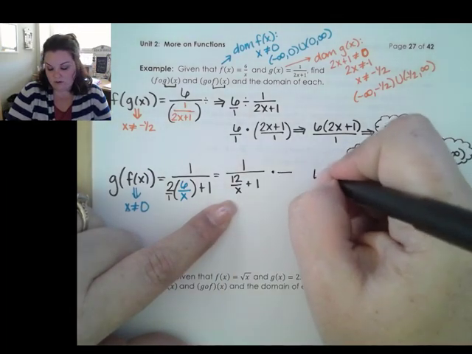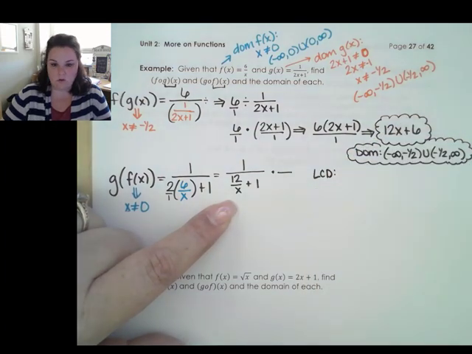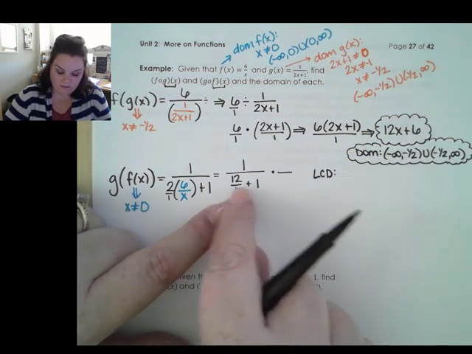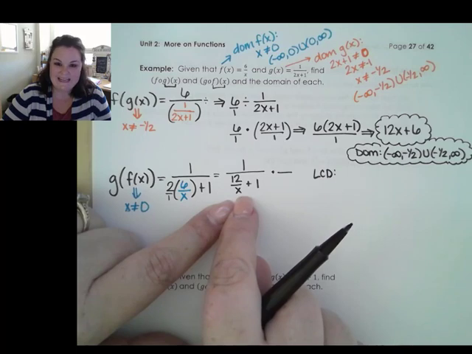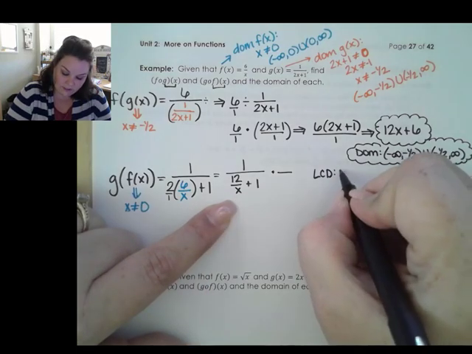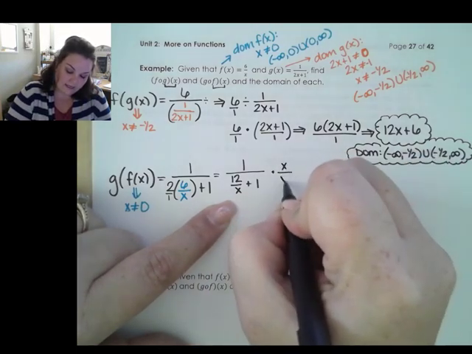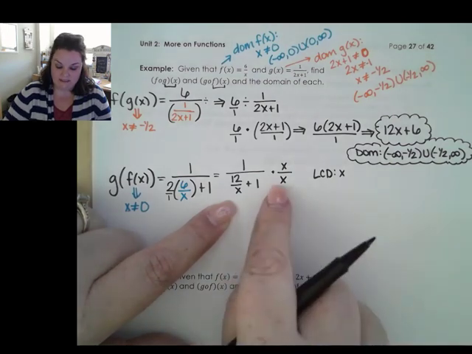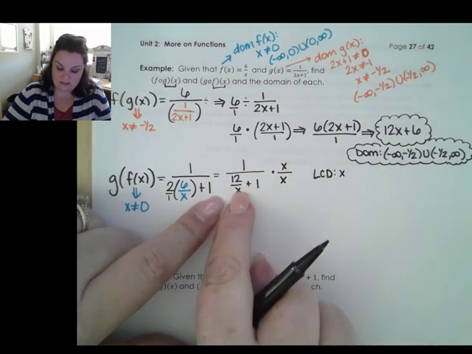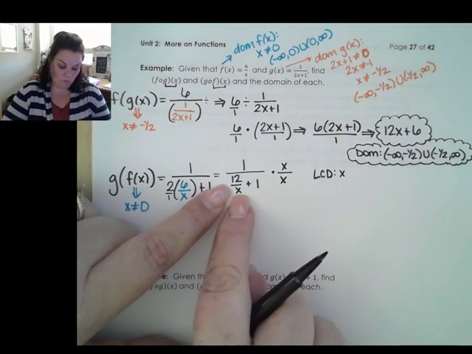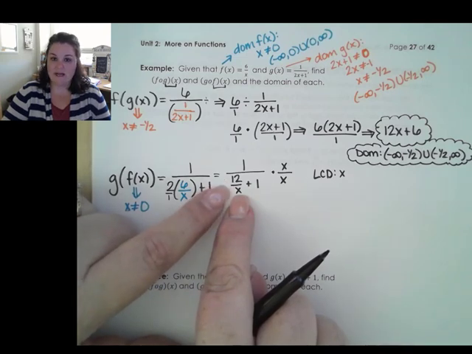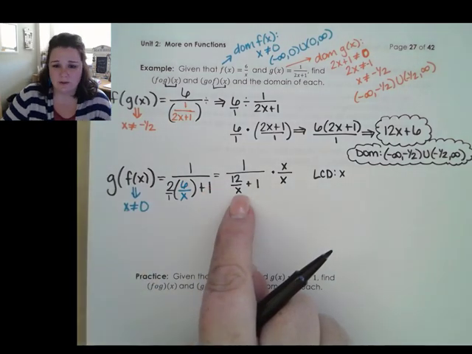Here, if I look for my least common denominator, the only denominator that I need to get rid of, if I look at all three of these terms, is that x. So really, it's like I'm multiplying by x over x, because when I distribute it to this term, it will cancel out the x, right? And that will leave me with something that's not a complex fraction.